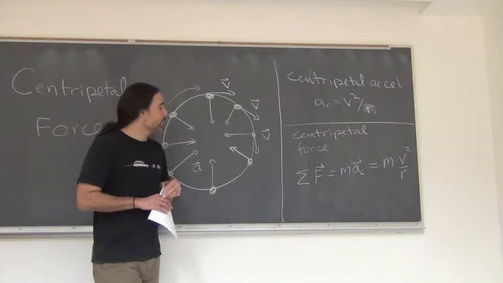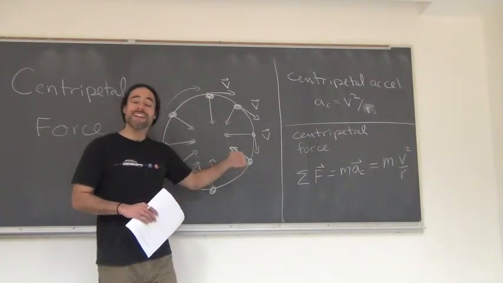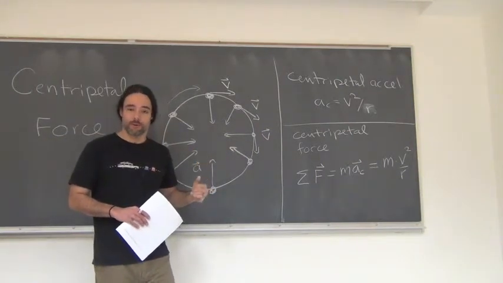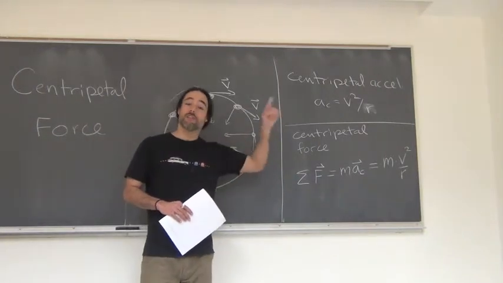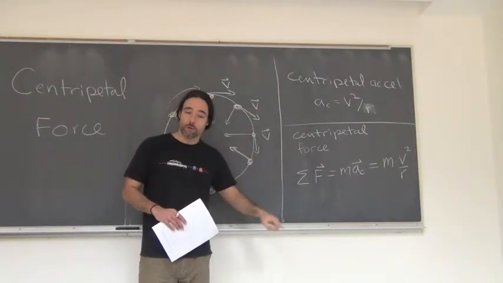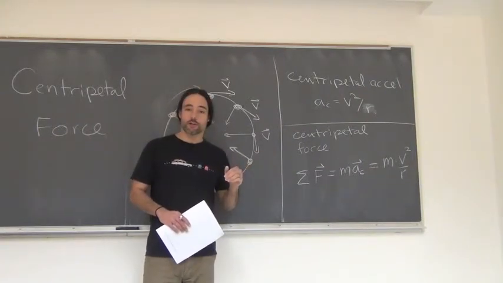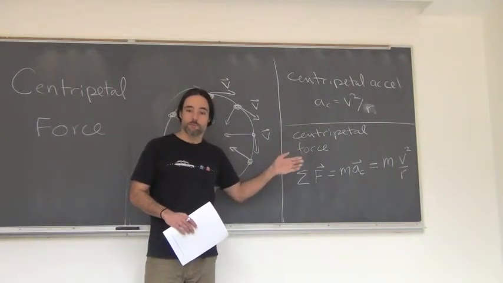Now I'd like to make a quick point about this centripetal acceleration. There are many different types of forces that can cause a centripetal acceleration. If we look at the moon traveling in a circle around the Earth, the force that causes the centripetal acceleration is just the gravitational force.